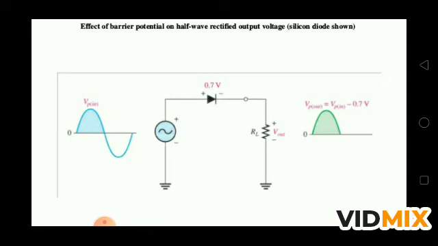So the output voltage, though still varying, is rectified or restricted to only one direction and is said to be rectified. Since the rectified output of this circuit is only for half of the input AC wave, it is called a half wave rectifier.